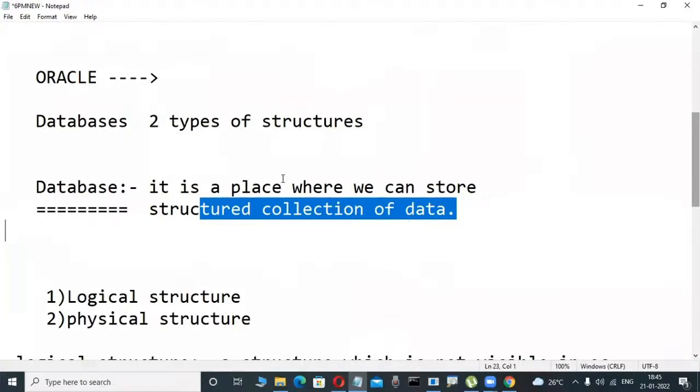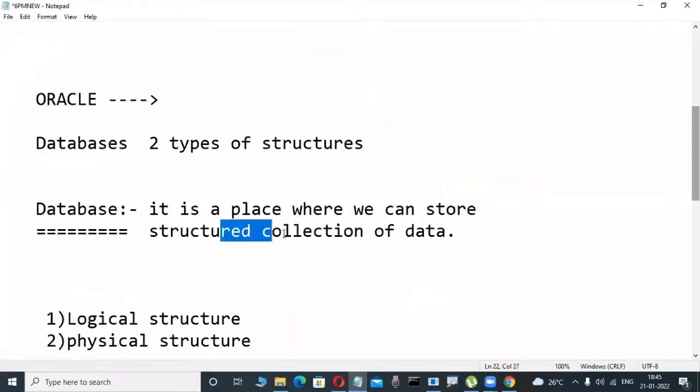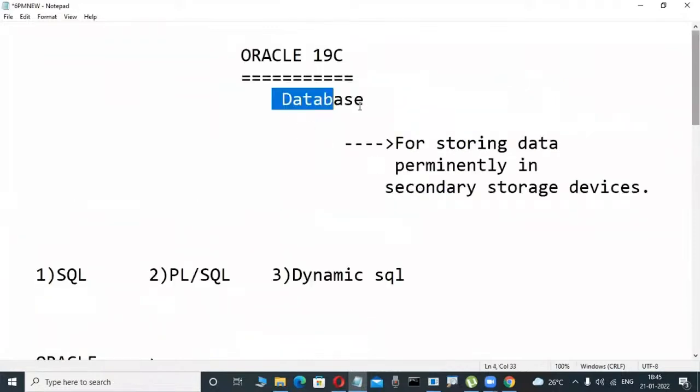Understood? Oracle is a product from Oracle Corporation. In our course we are learning the 19c version. This is a database product. When anybody asks what a database is, as developers we say it is a place where we can store a structured collection of data. That is the logical side. What is the purpose of databases?